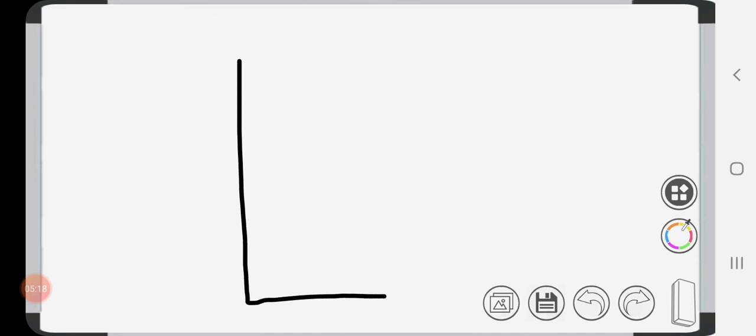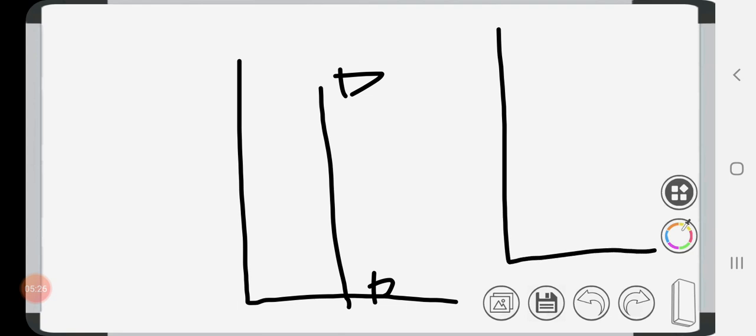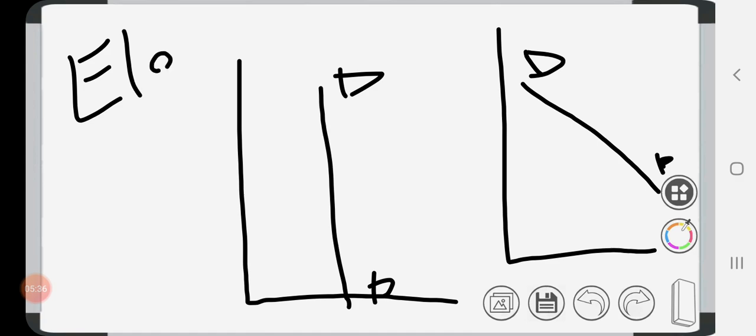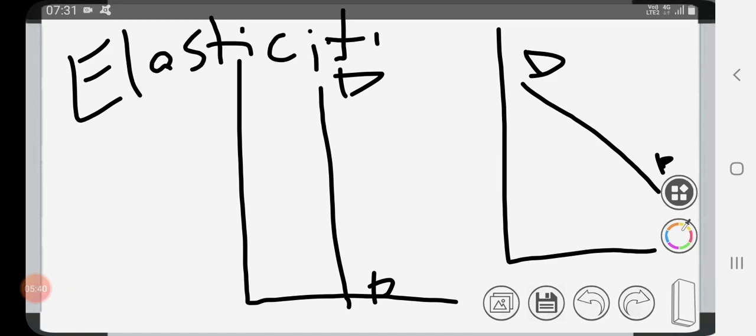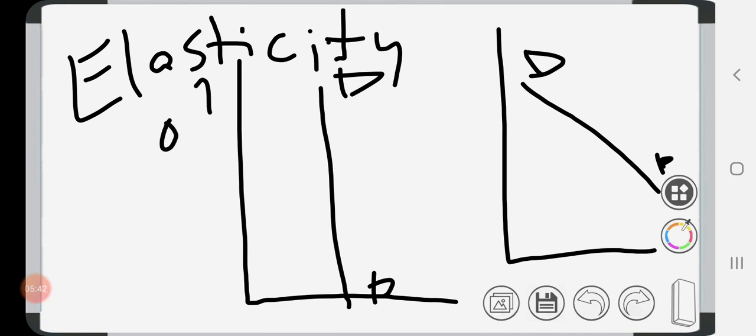Now, whether the line is steep or it's a bit flatter, this is called the elasticity of demand.